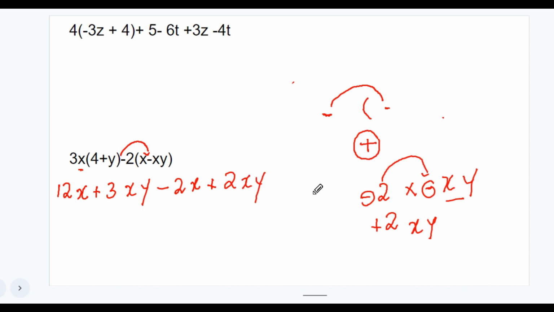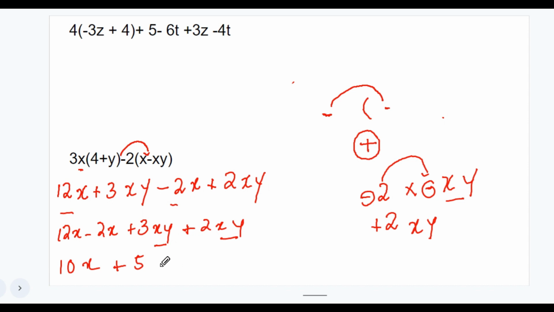Okay, so now we need to collect the terms. 12x minus 2x, and then it's 3xy plus 2xy. So it will give me 12 minus 2 is 10x, and 3 plus 2 is 5xy. Okay, look at the units. You can say that these are the units, so units are the same, that's why we can add them.